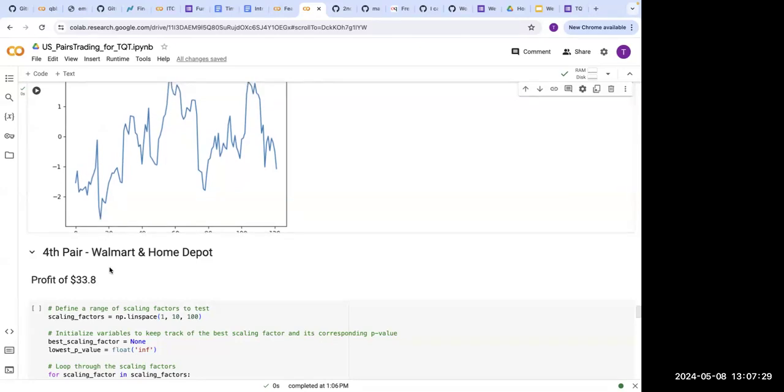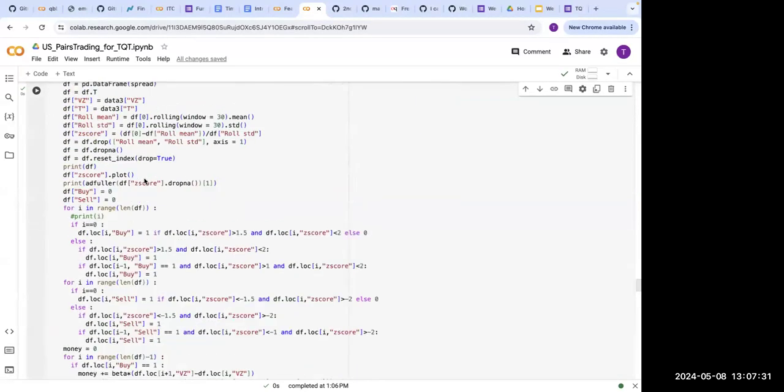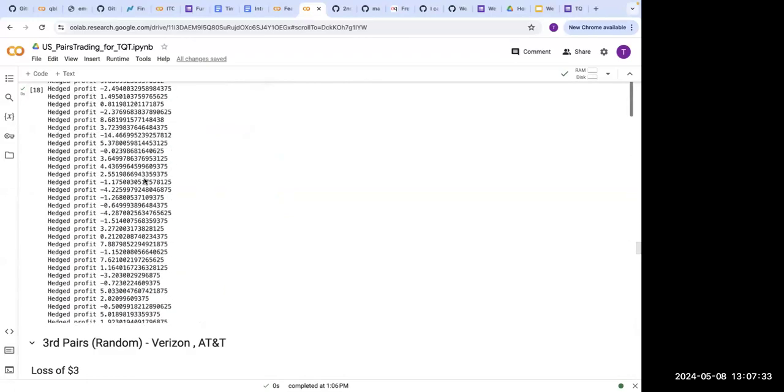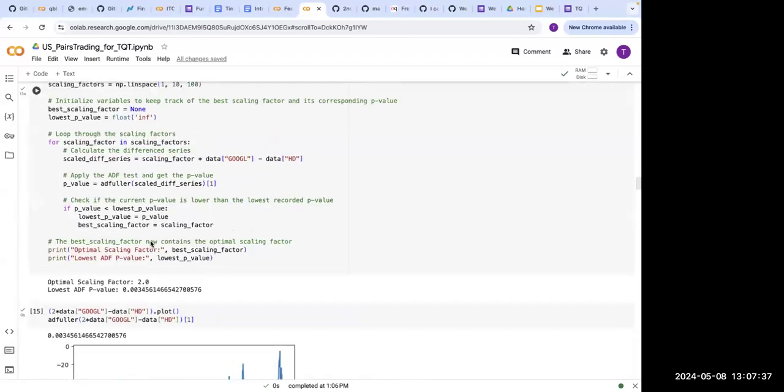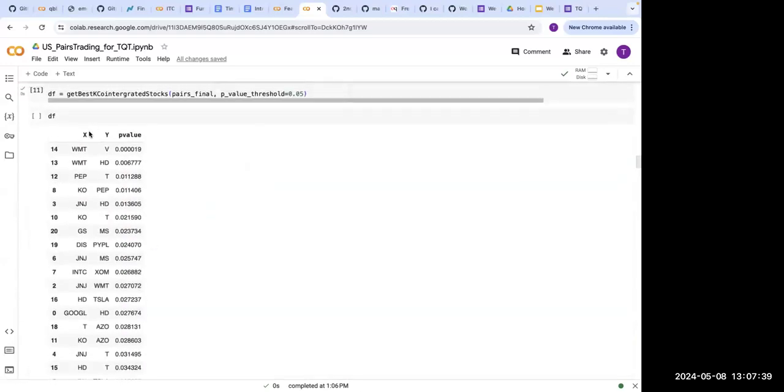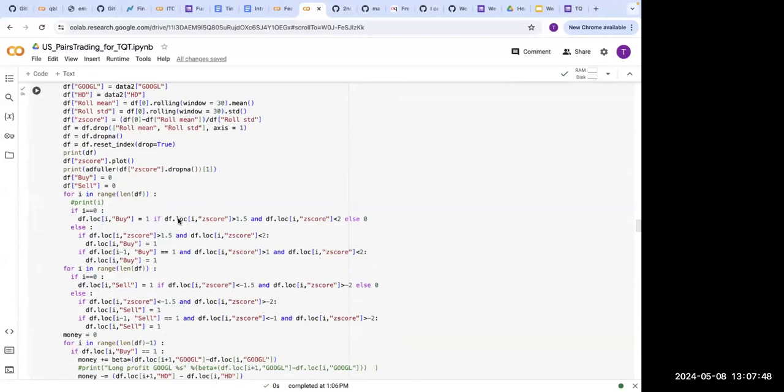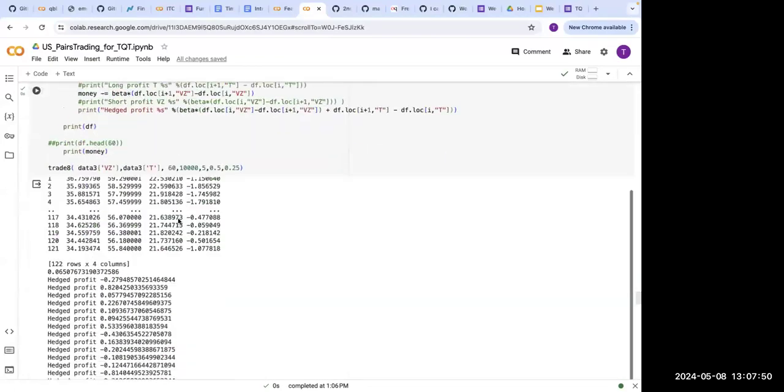So they are very much correlated as well as co-integrated. If you see this p-values plot, Walmart and Home Depot were the second one with p-value 0.007. So pretty low p-value, that means highly co-integrated.